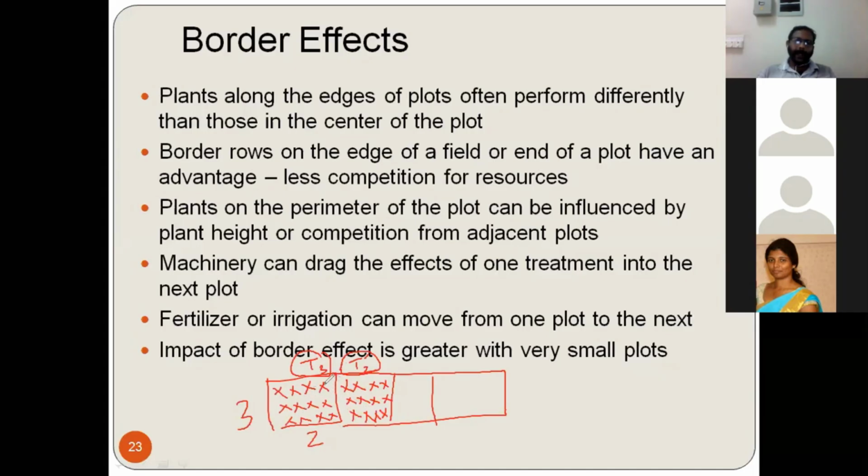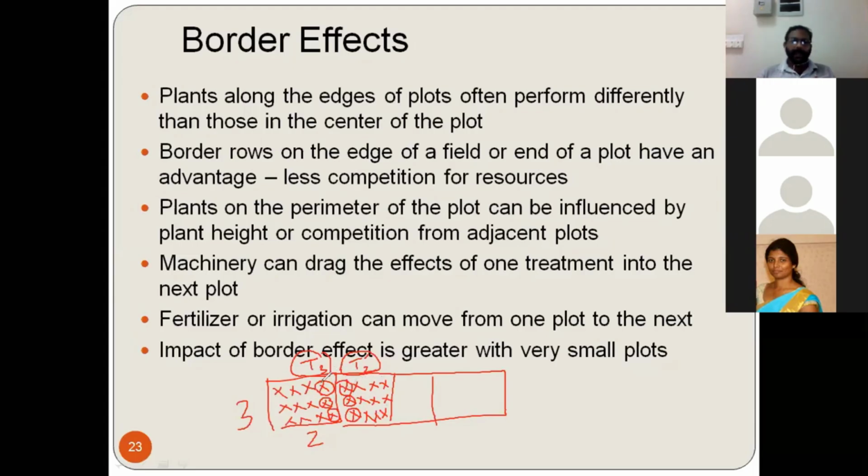Look at these plants, especially this plant, this plant, this plant, as an example. Similarly this plant, this plant. Can somebody tell me what the problem is with only the plants which I have indicated? Others will not have the same effect as the ones I have identified. What is the problem?